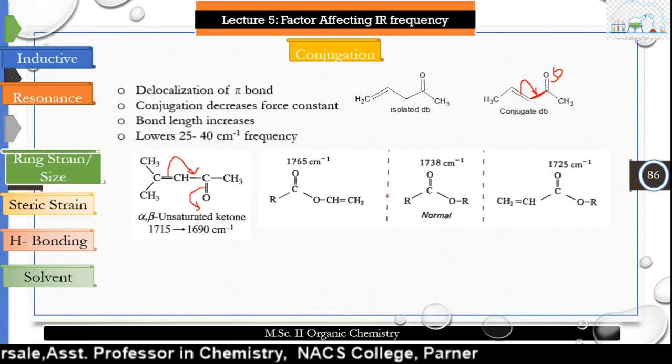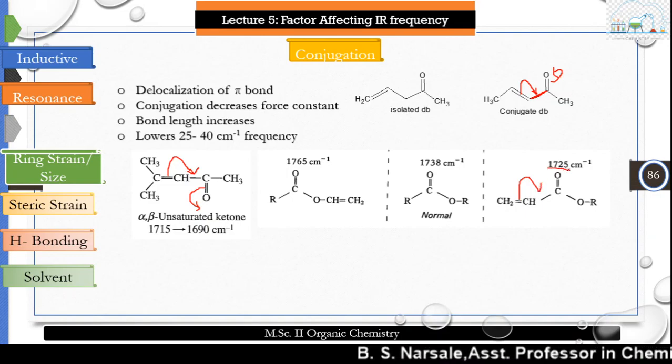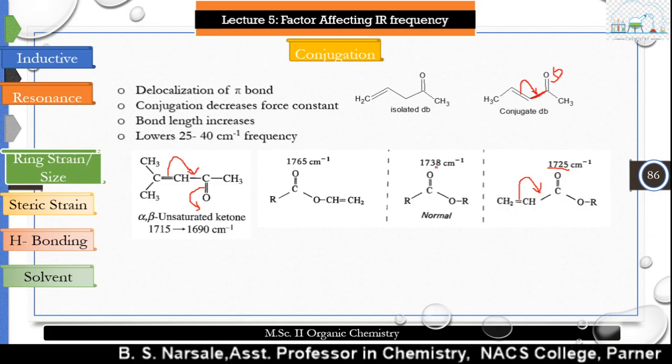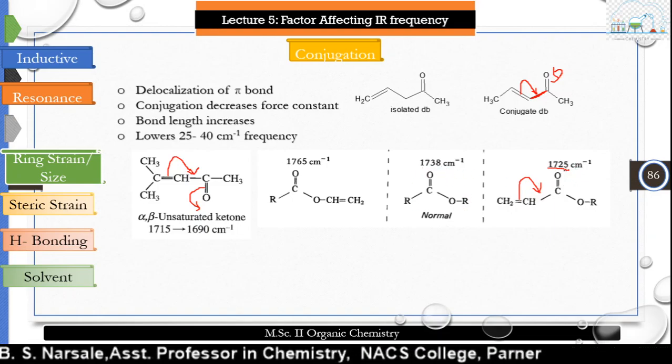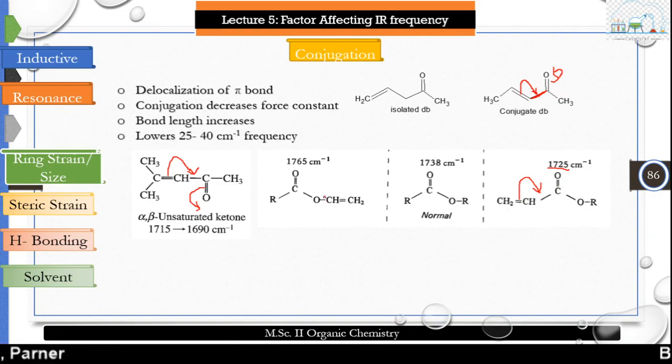We look at conjugation from both sides. If the conjugation is directly with the carbonyl group, then the IR value decreases as compared to normal. A normal ester has 1738, and here the IR value decreases to 1725 due to conjugation with the carbonyl. But in contrast, the conjugation may be present on the oxygen side.